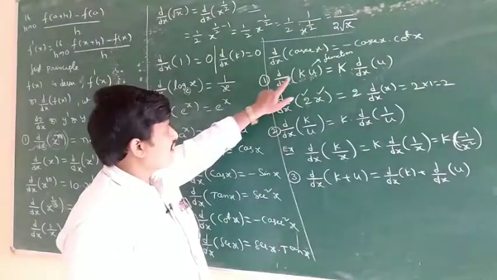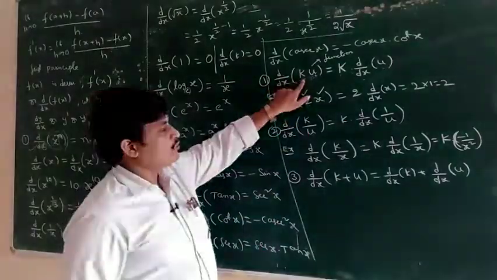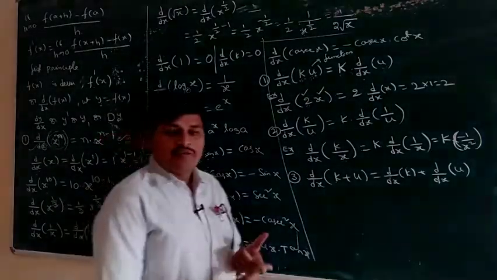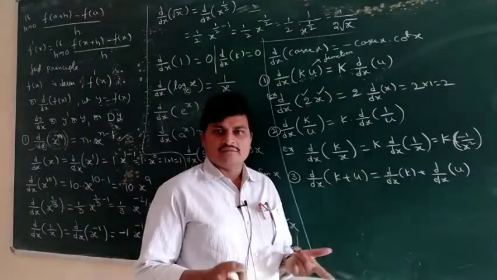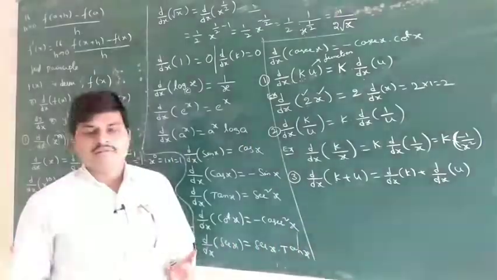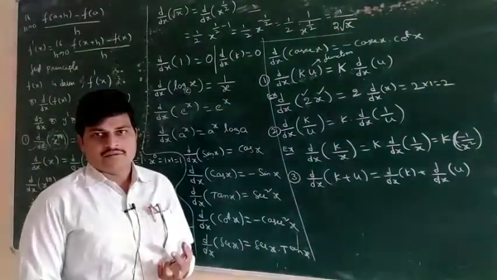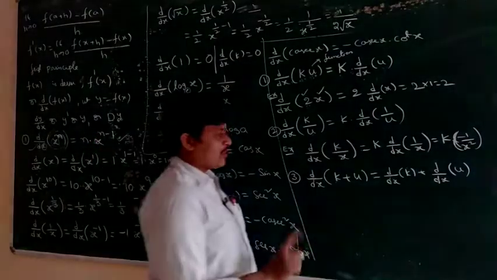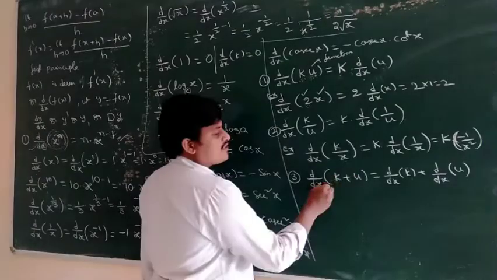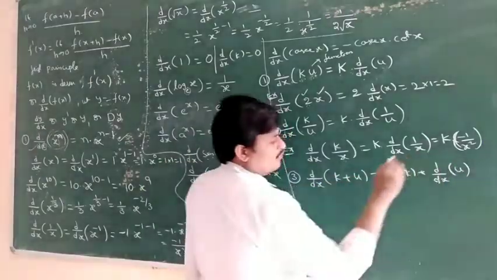That's why for k into u and k by u, don't take the derivative of k. 0 plus anything is anything, there is no problem. 0 minus anything is equal to minus anything, so no problem. So d by dx of k plus u means derivative of k plus derivative of u, no problem.